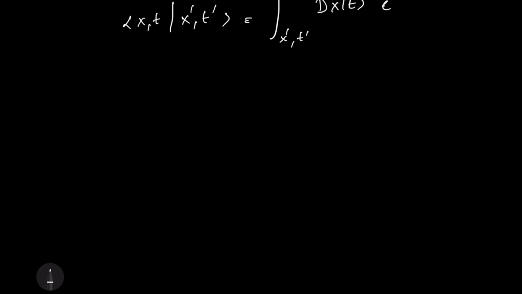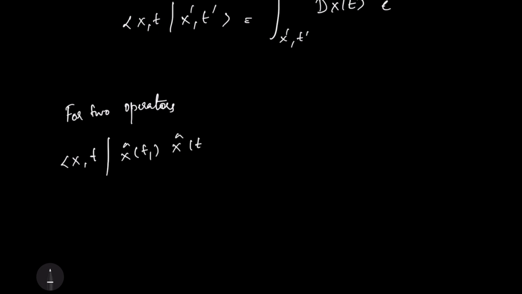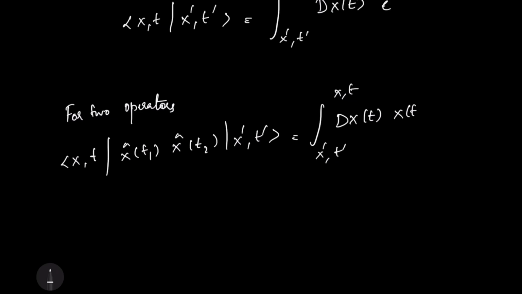Now from this we can generalize for two operators. If you have two operators, x of t1 and x of t2, then we can write xt, x of t1, x of t2, x prime t prime is equal to the integral from x prime t prime to xt, dx of t, the eigenvalue of x of t1 and the eigenvalue of x of t2, e raised to i S x of t.